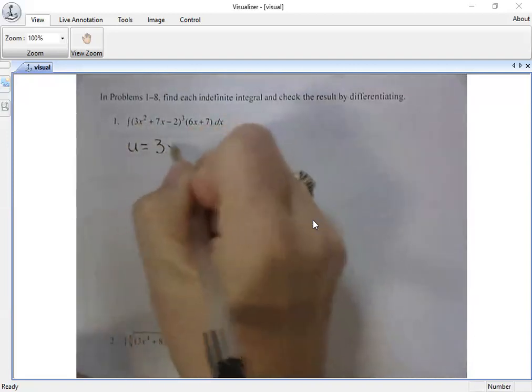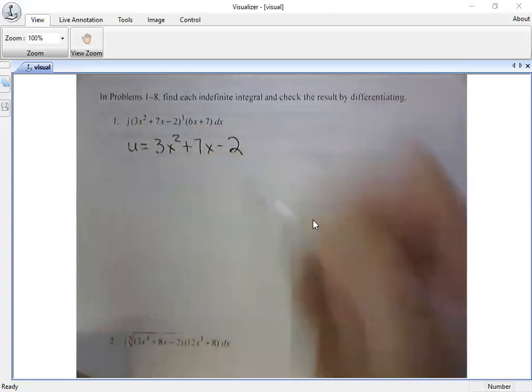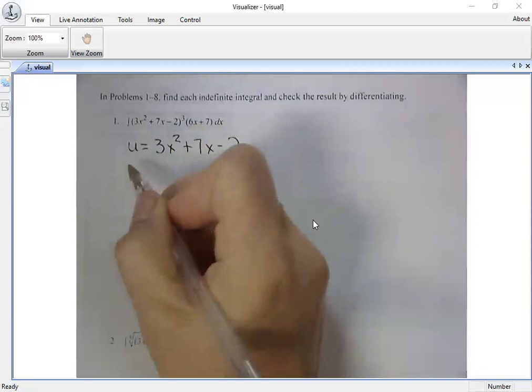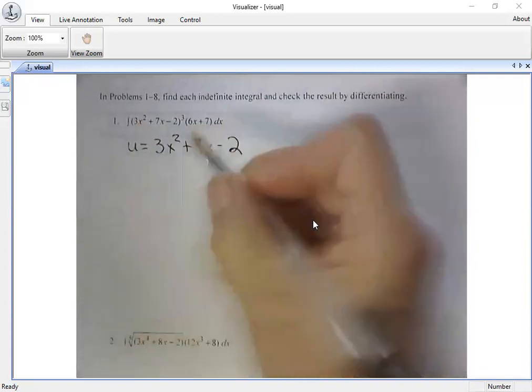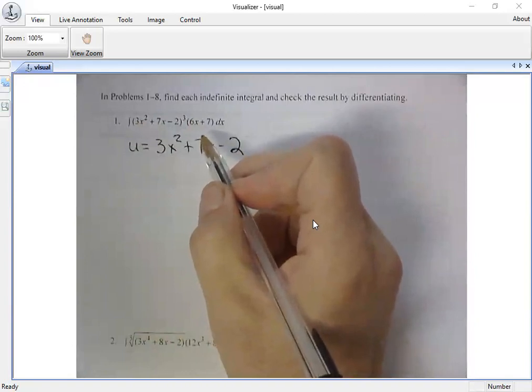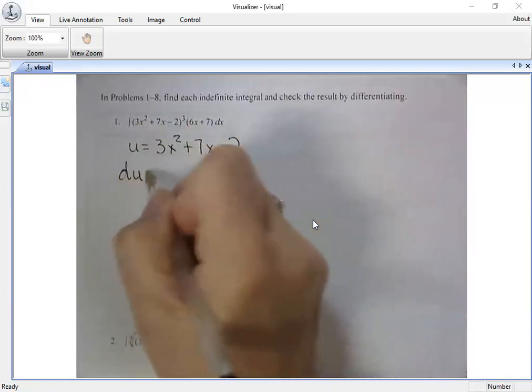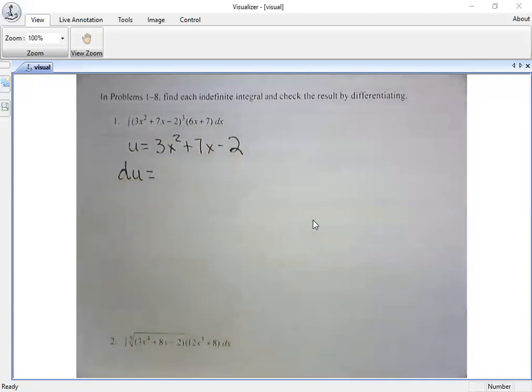So if u is 3x squared plus 7x minus 2, remember, I've got to replace everything here in terms of u and du. So I need to differentiate what this u is and see if it gives me what I need for my du.